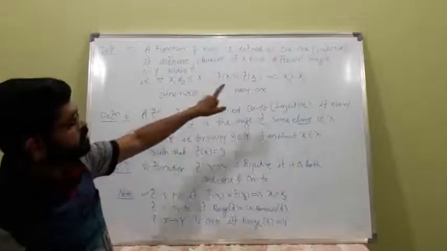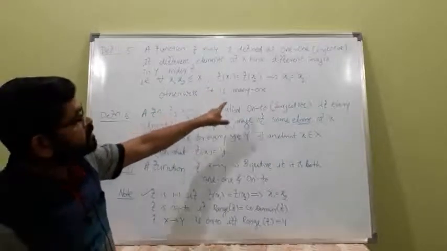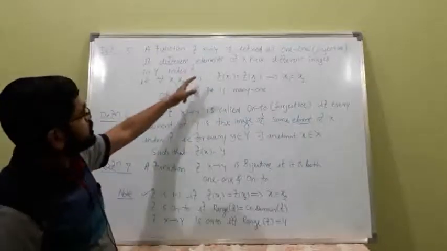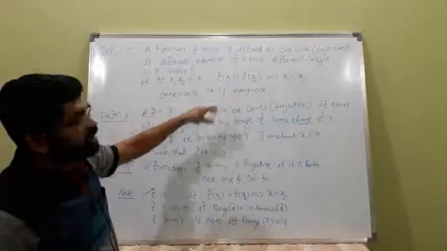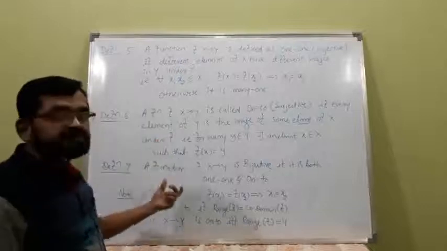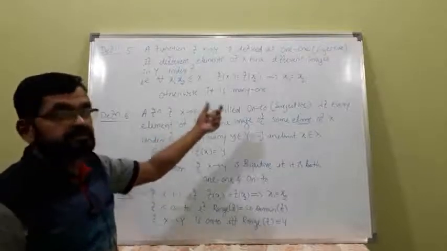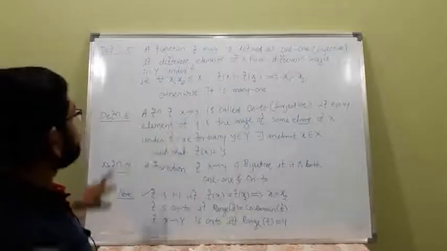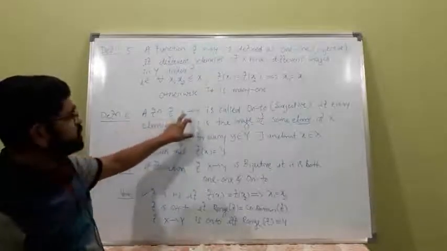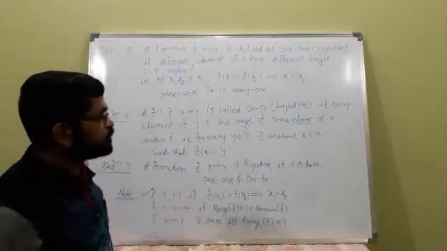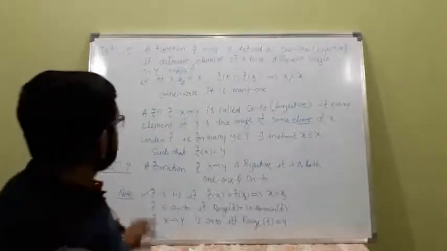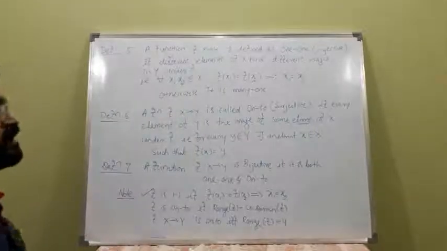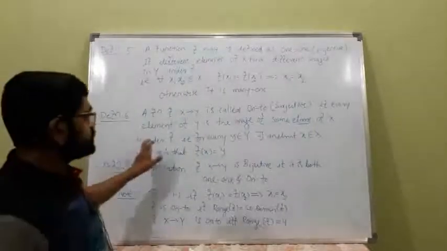If it is only one image for different elements of X, if the same elements of X have the same image, then that is many one. A function f from X to Y is called onto or surjective if every element of Y is the image of some element of X under the function f.